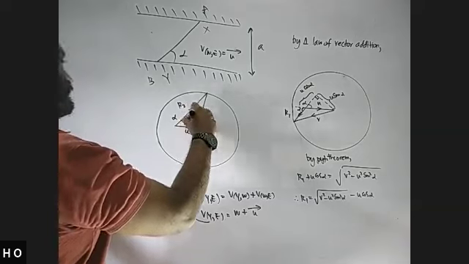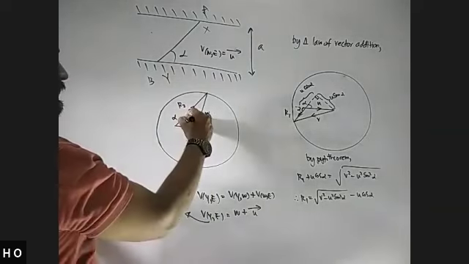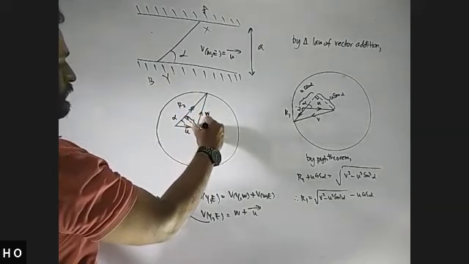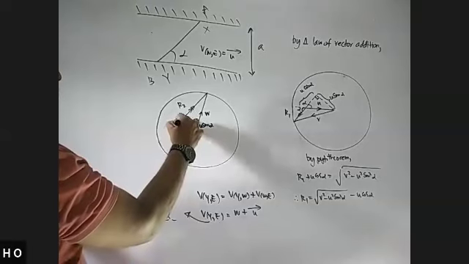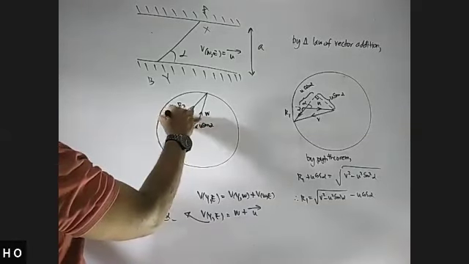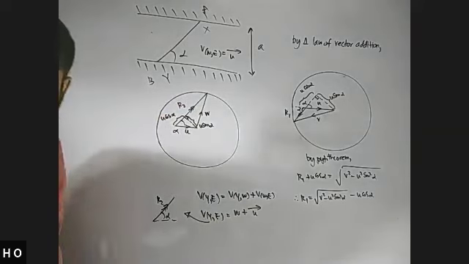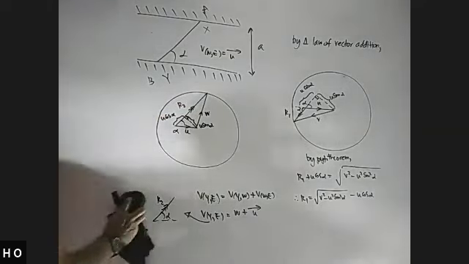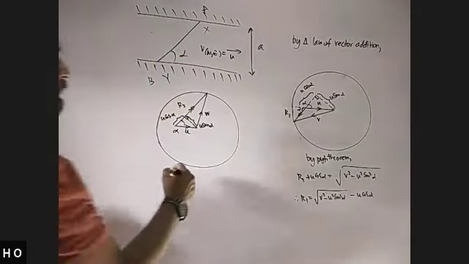To apply the Pythagoras, you have to search for the right angle triangle. There you can see this particular side is u sine alpha, and here is u cos alpha.